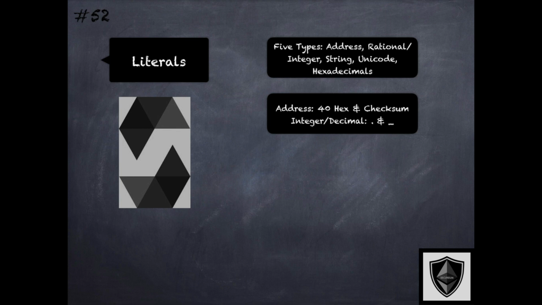And these should pass the checksum test. The checksum is something that has been introduced in EIP 55 to make sure that there are no typographical errors when you're using addresses in the context of Ethereum. This is a mixed case address checksum, and I would encourage you to take a look at this EIP to understand how that works.